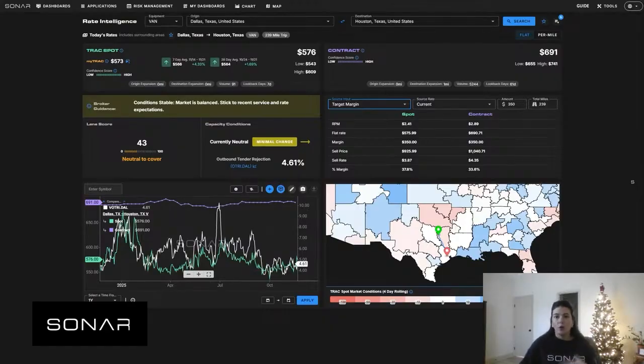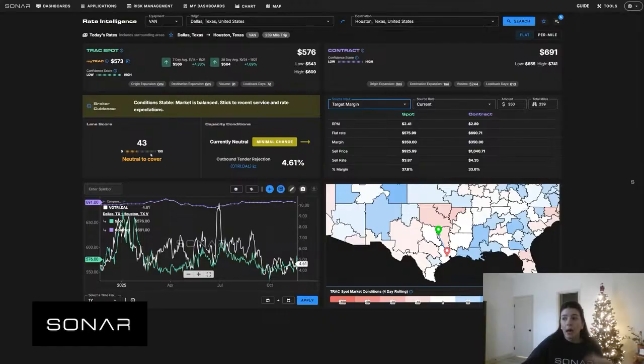And then if you are a shipper, and maybe you've had some difficulties with your incumbent carriers, you can see with this lane score, okay, if I'm trying to recover capacity on this lane, how difficult is that going to be? Those scores that are 0 to 25 are going to be more difficult. You really want to nurture your network to ensure that they're taken care of, that they are happy with the business.